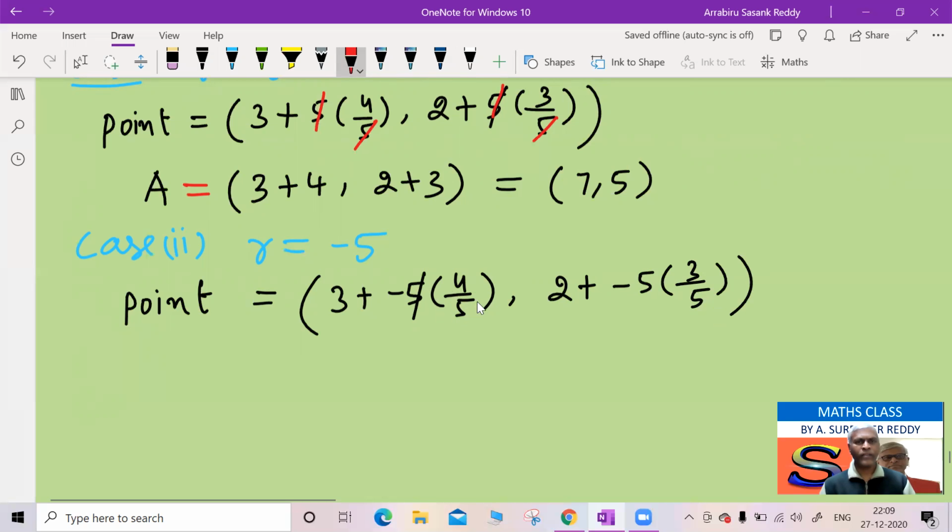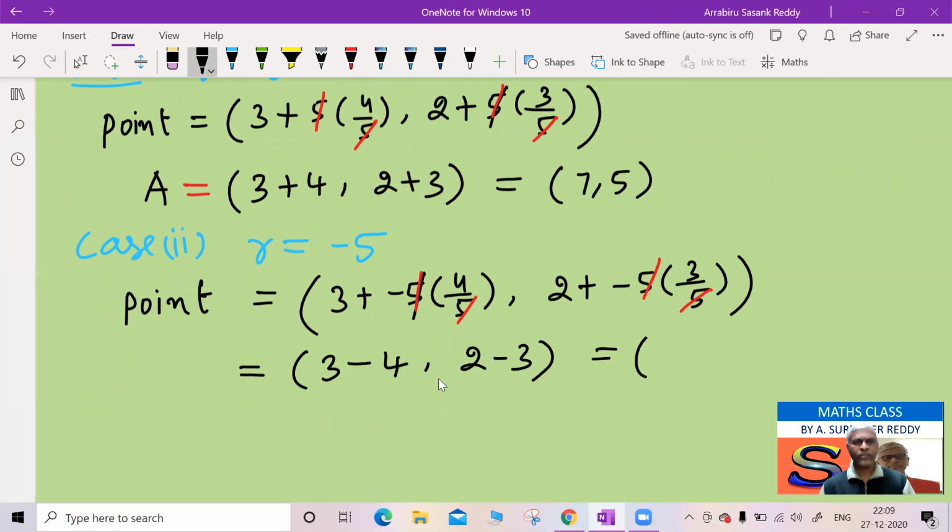Cancelling the 5s, that is 3 minus 4, 2 minus 3, that is equal to minus 1 and minus 1. Let us call it B.